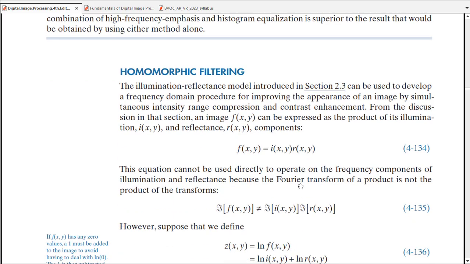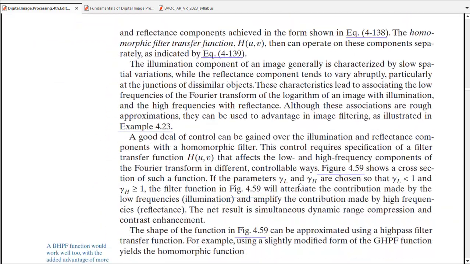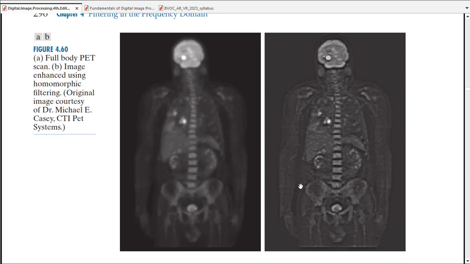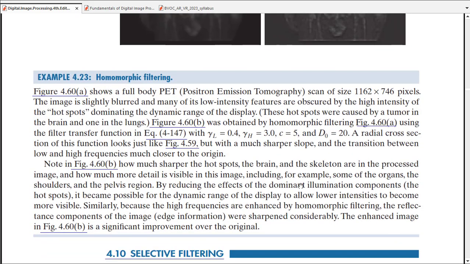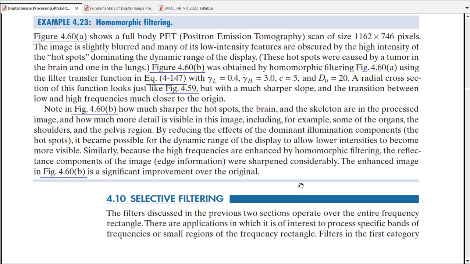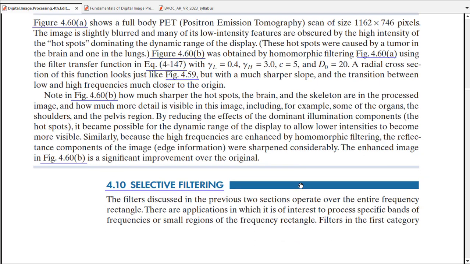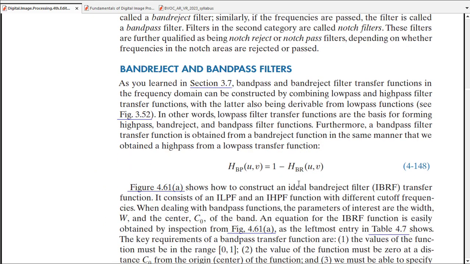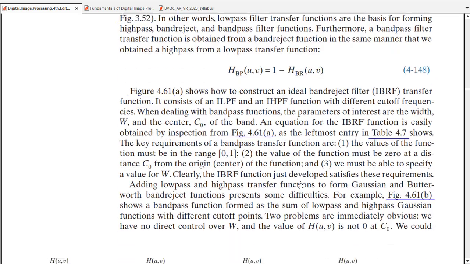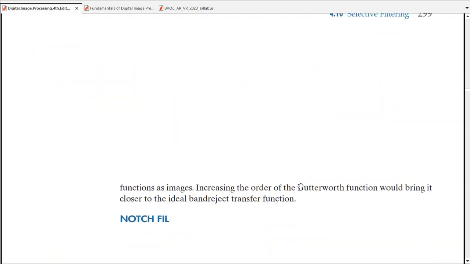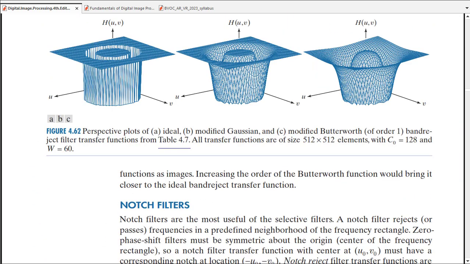Homomorphic filtering: all the filtering techniques are supported from the frequency domain only. Also Poisson emission tomography, and band reject and band pass filters, and notch filters.